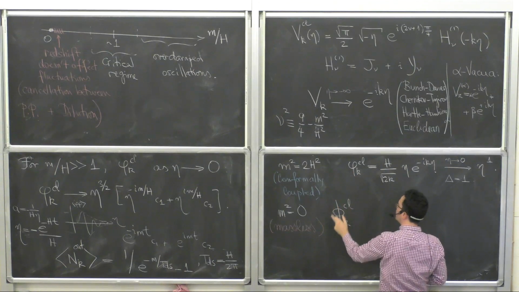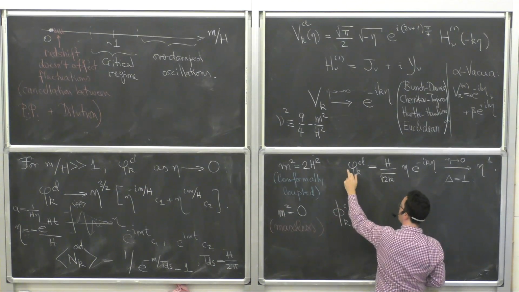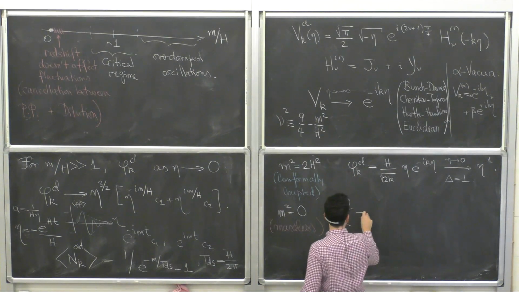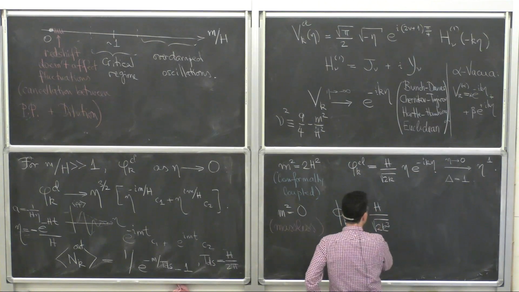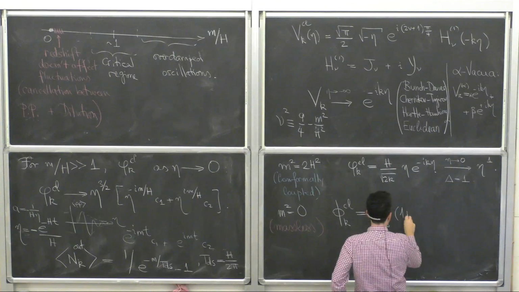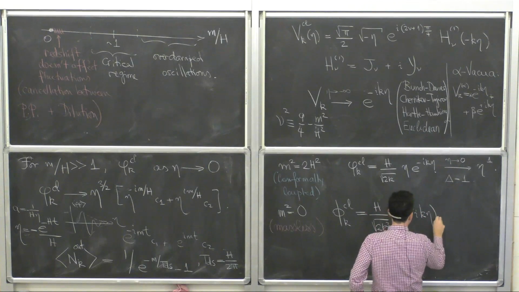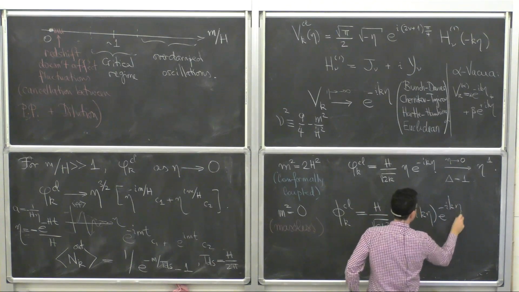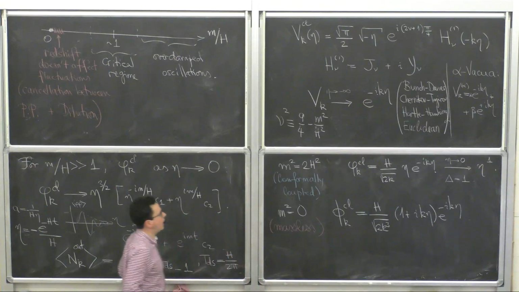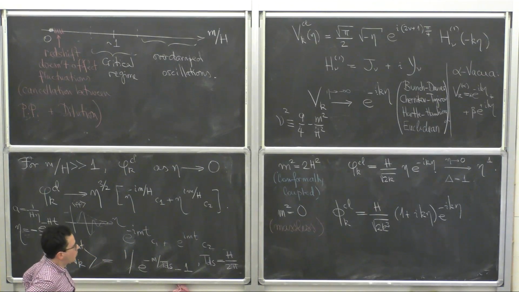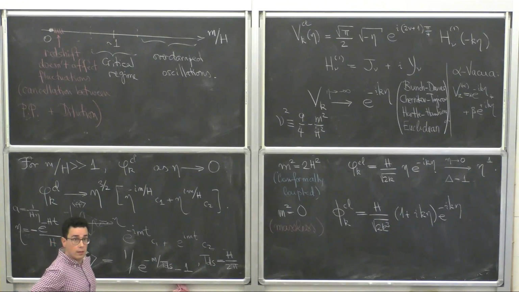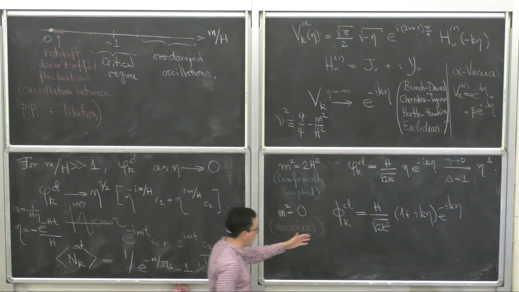So just so you remember, this is conformally coupled, and this is massless. And this is the mode function, and there is an essential difference. For these two cases, interestingly enough, the Hankel function becomes just a simple exponential times some polynomial.